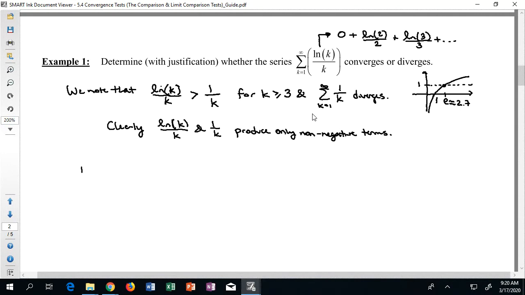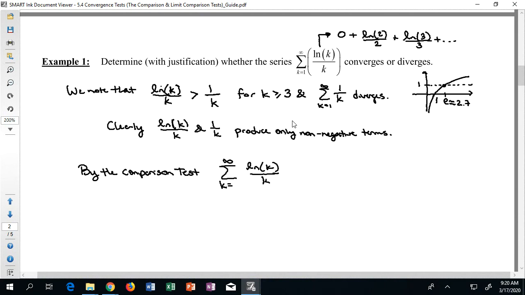So I can see that by the comparison test, the series natural log of k over k. Oh, I got to be a little bit careful here. I'm going to leave off where that value of k starts.